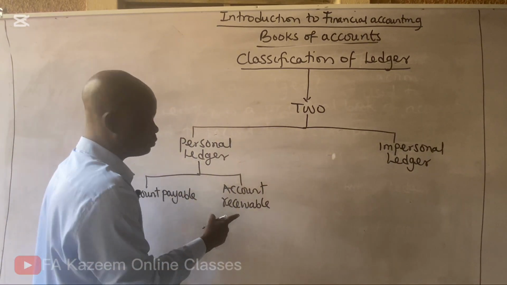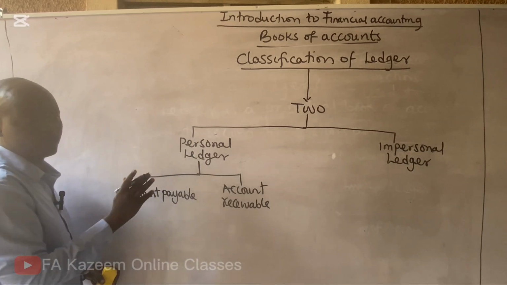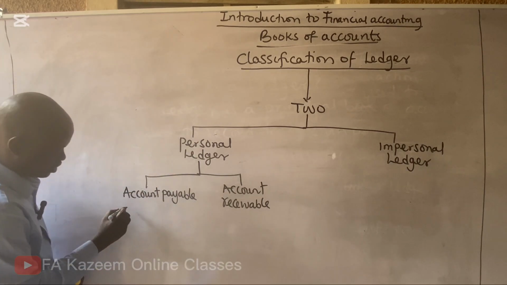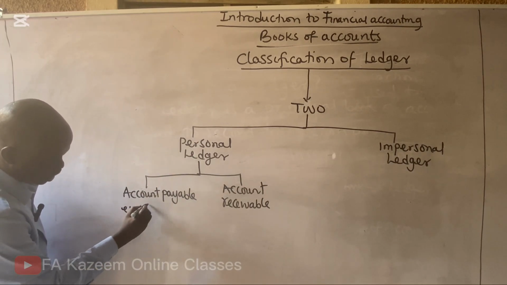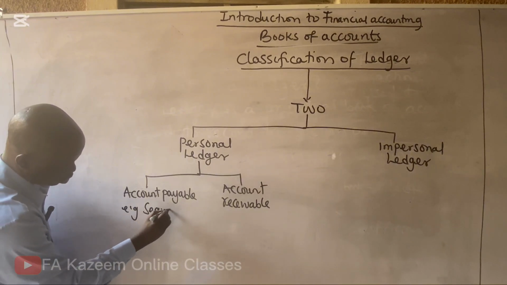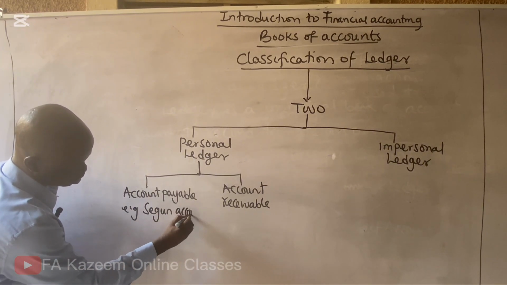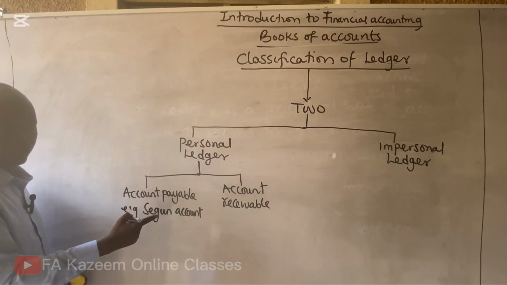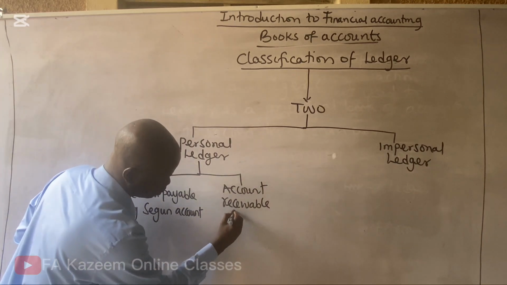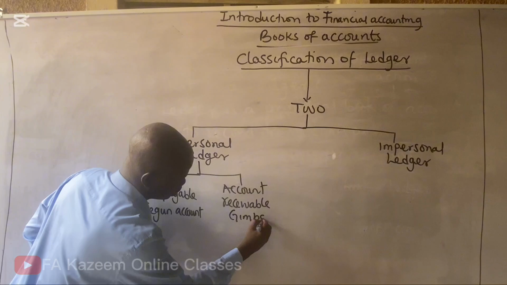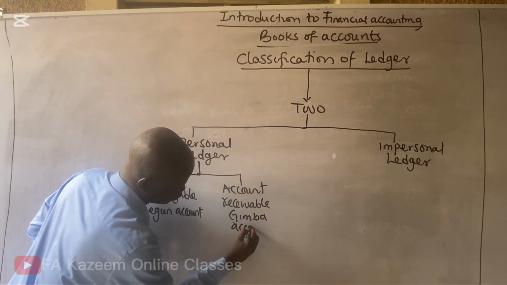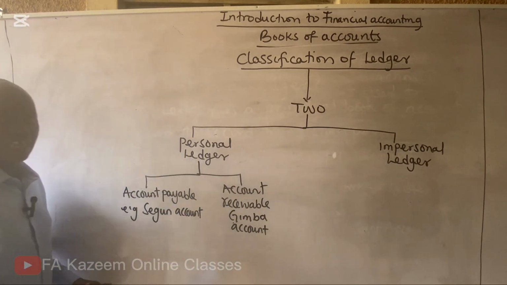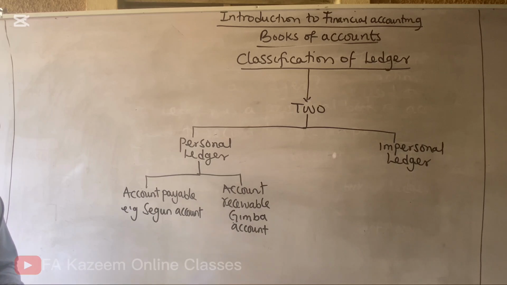Meaning personal ledger is used to record individual accounts such as Shegun's account, if Shegun happens to be a creditor, or like Gimba's account, meaning an account that has to do with the name of a person.